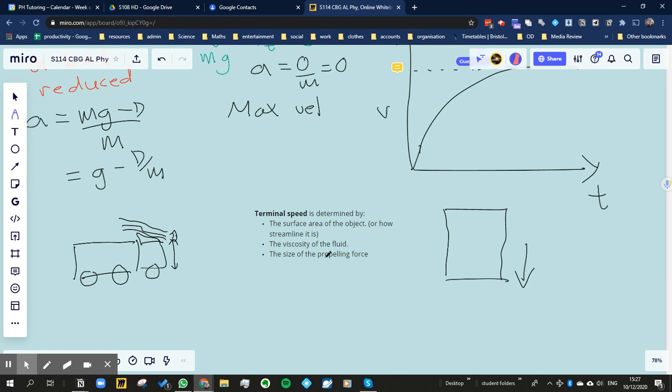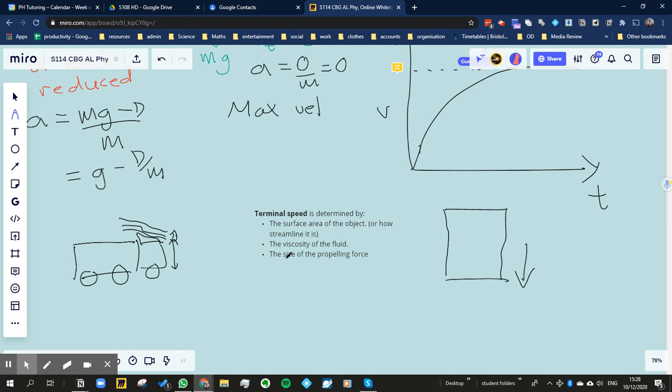So then how viscous the substance, the fluid, is, and the size of the propelling force. Now, when I say the size of the propelling force, I'm keeping it general here. I could say the weight, but that would only apply to falling objects. But in that case, weight would be the propelling force. When something's falling, then the force that's pushing it down is obviously the weight or gravity. But things have terminal speeds if they're driving along.